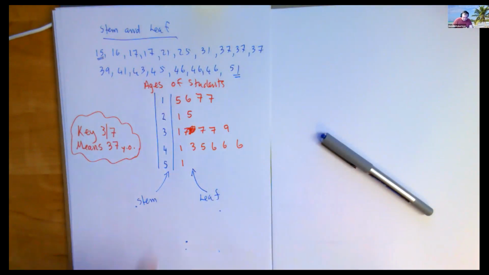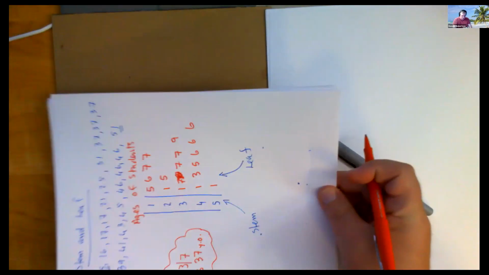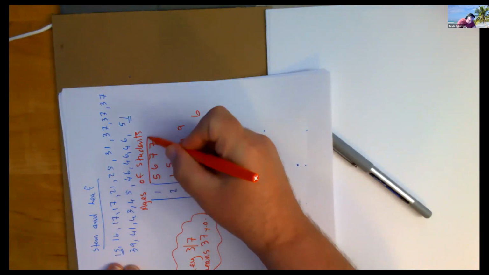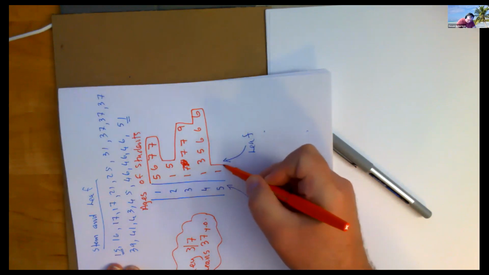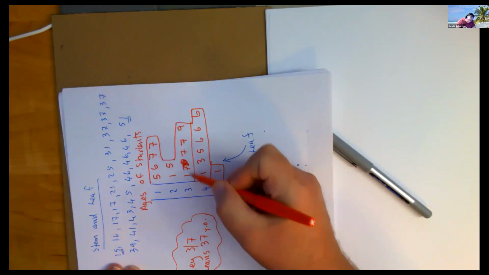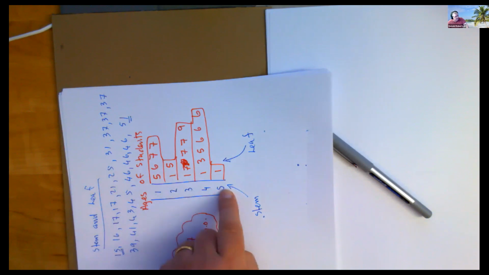Now, in this particular one, if you turn it side on and add a few New York skyline touches to it, aren't you kind of looking at a histogram? You see a histogram going this way.